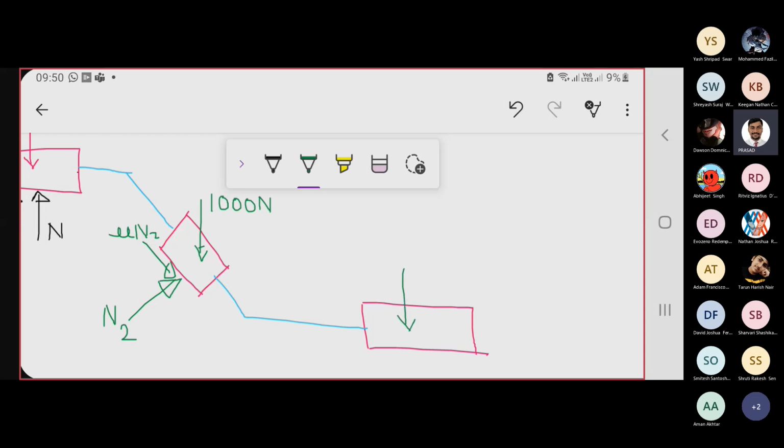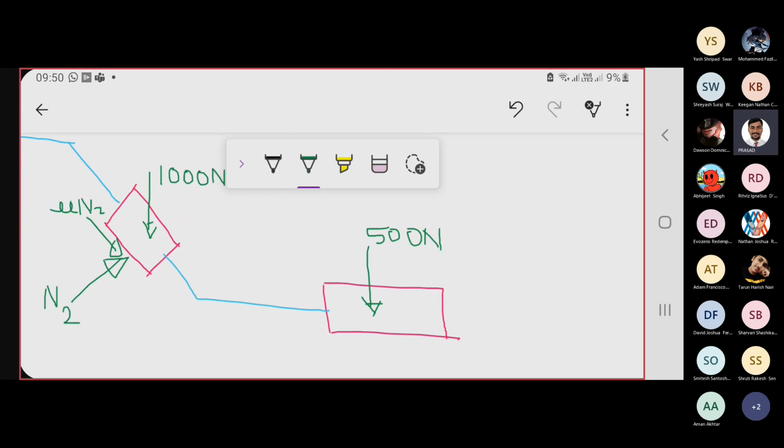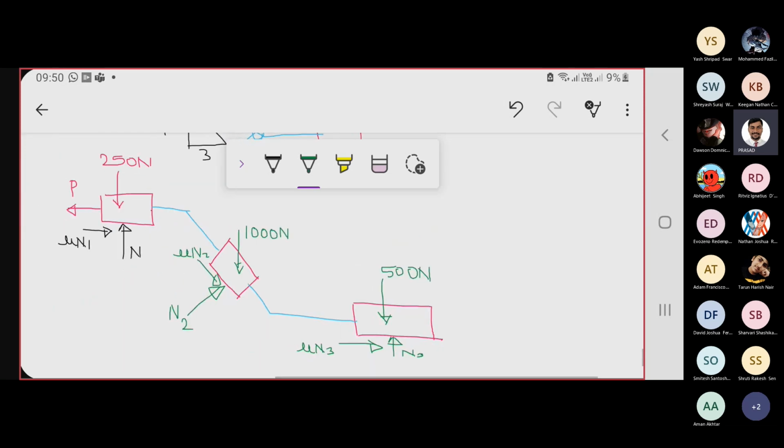Then this is 500 Newton, and this is mu N3. The total diagram is drawn. Now we have to find out N1, N2, N3, N4. Sorry, N1, N2, and N3.